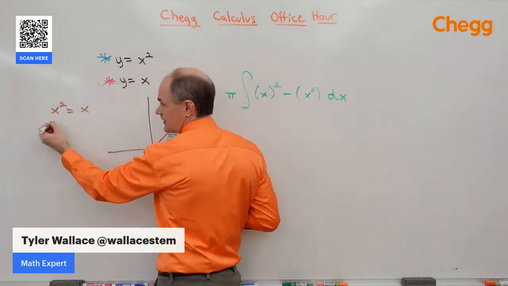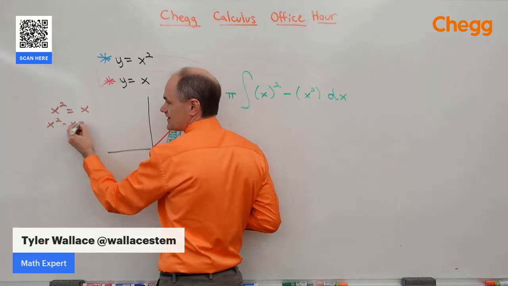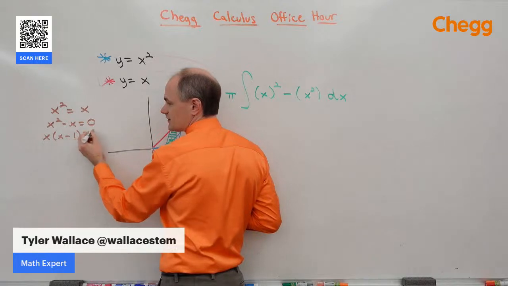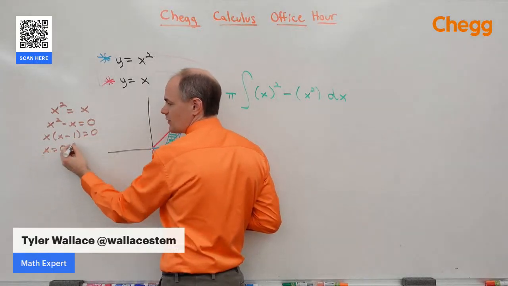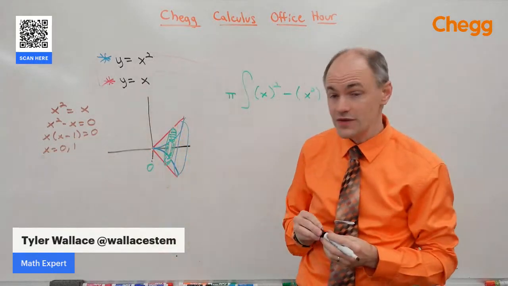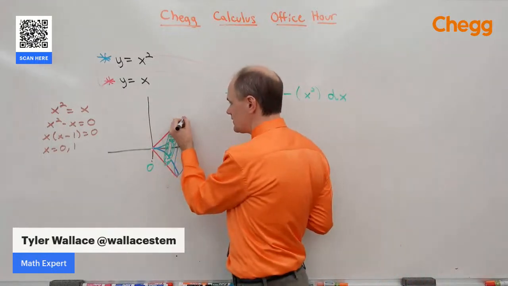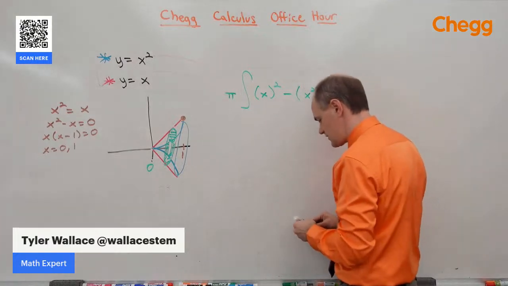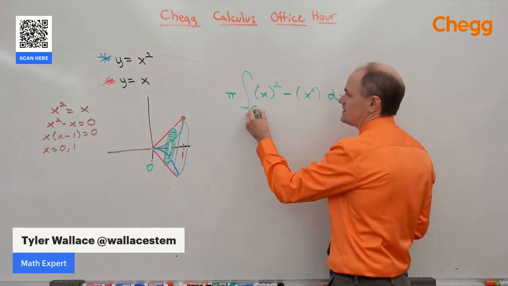If I subtract x from both sides, I get x squared minus x equals 0. And I can factor out the common factor of x. And we can see x is 0 and 1, which means it's going to intersect at 0 and this value up here. That's at 1. So we're going to integrate from 0 to 1.